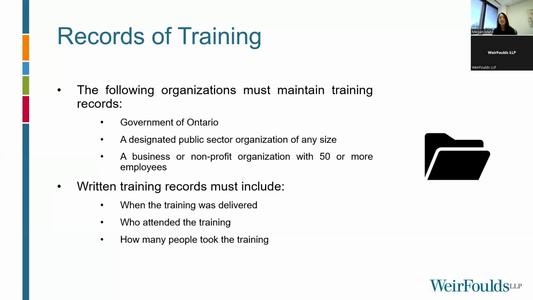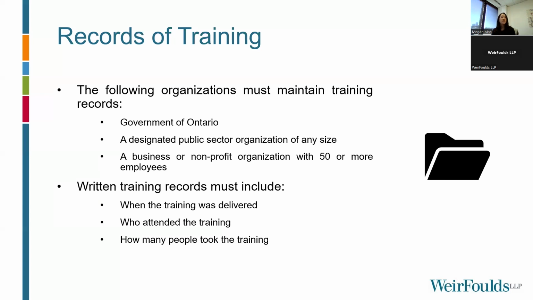And that training has already been provided to all employees or all staff members, including any specific staff members that may be mentioned in that human rights application or in that civil claim. So even though under the AODA, only large organizations are required to keep records of training, we do usually recommend that all organizations keep those records.